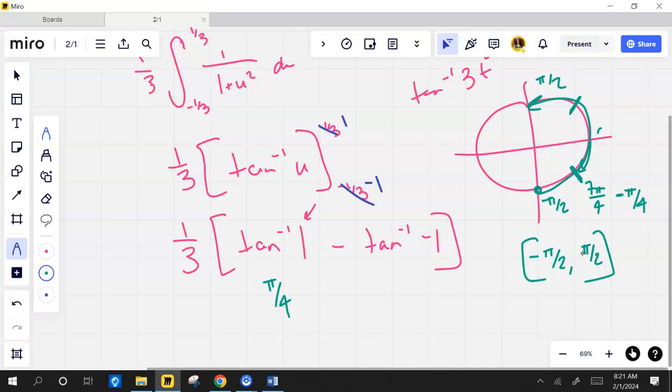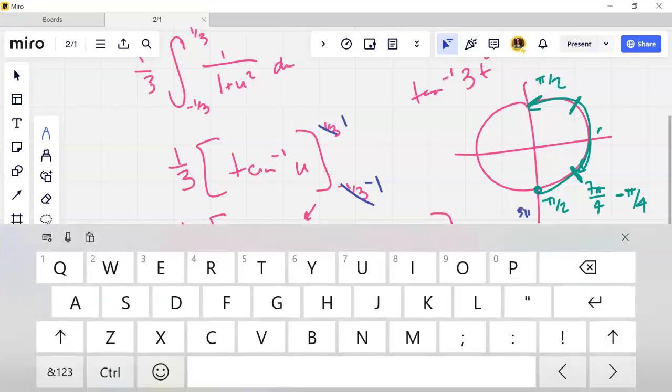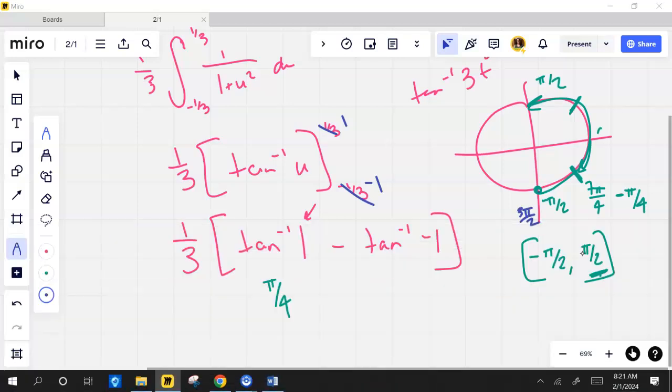Well, because 7 pi over 4 is bigger than pi over 2. It is, but my domain is not. This is actually 3 pi over 2 if I go counterclockwise, right?